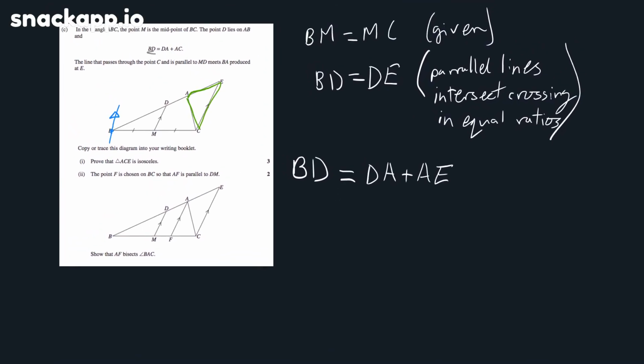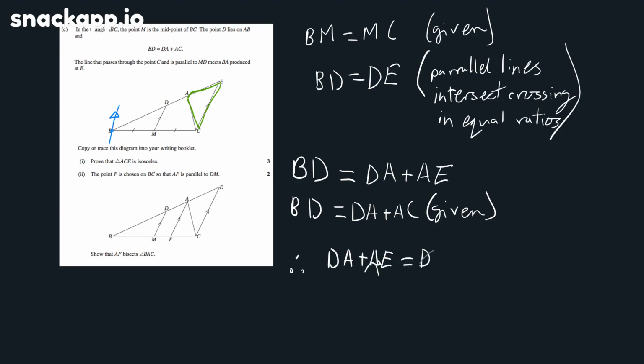We've got BD is equal to DA plus AC. So I'm going to write that out, BD is equal to DA plus AC, and that was given. Therefore we can equate those two equations. We get DA plus AE is equal to DA plus AC, and therefore these will just cancel, and we get the fact that AE is equal to AC.